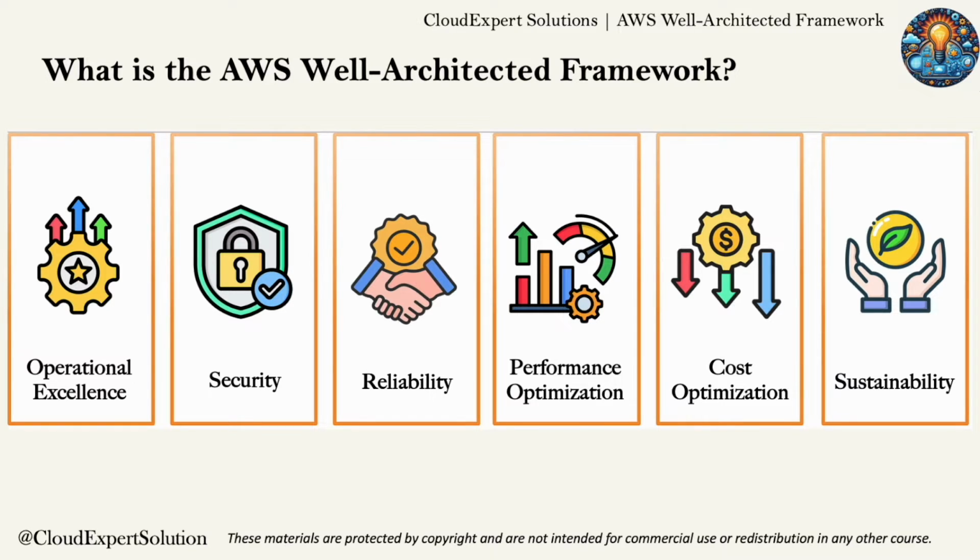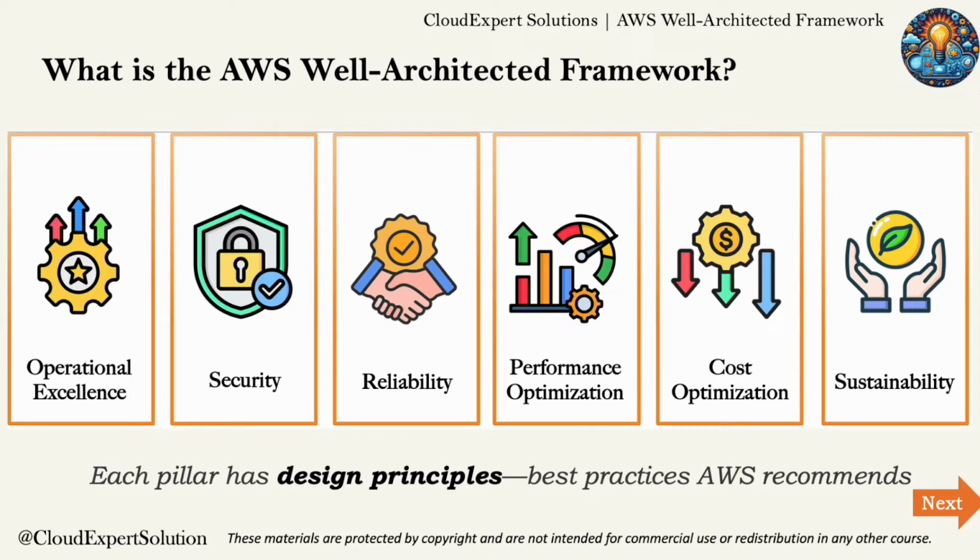Think of this as the foundation of a well-built house. If one is weak, the whole structure suffers. AWS uses this to review architectures and suggest improvements. Each pillar has design principles, which is nothing but best practices AWS recommends. Let's break them down one by one.